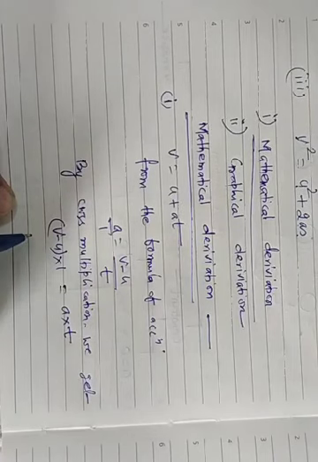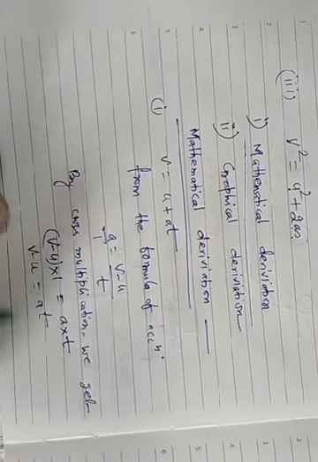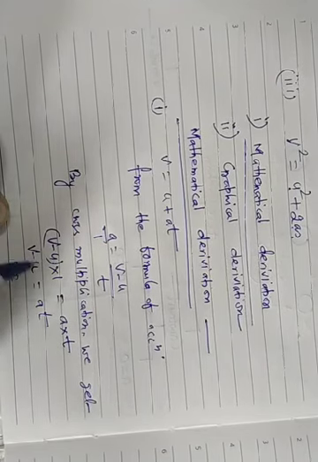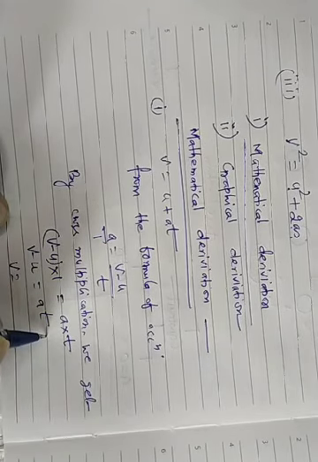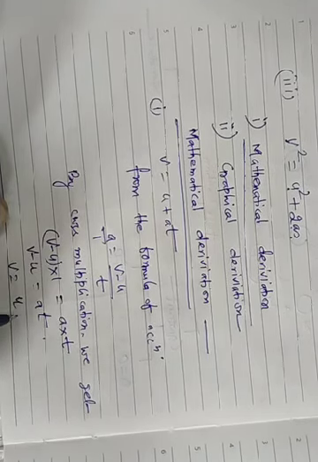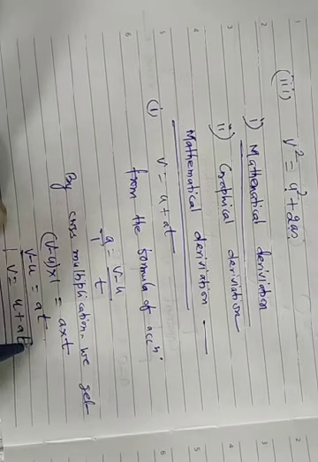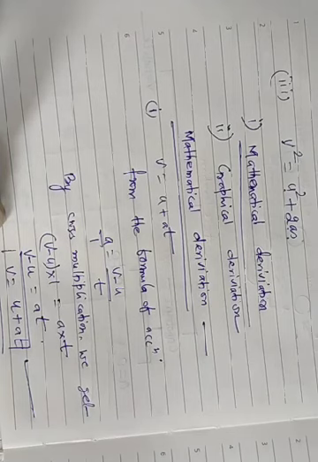So v minus u into 1, that means v minus u, a into t, that means at. So minus u will be transposed to the right hand side, minus u will turn into plus u, right? So v equal to u plus at. So this is the derivation of the first equation of motion.